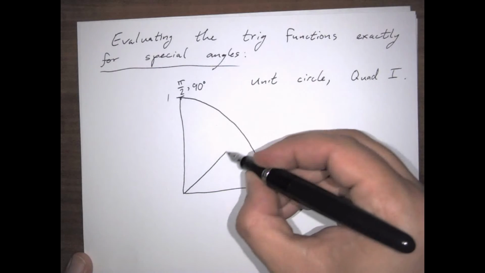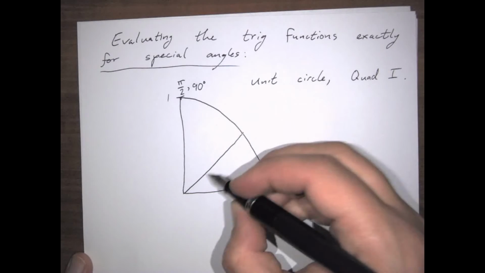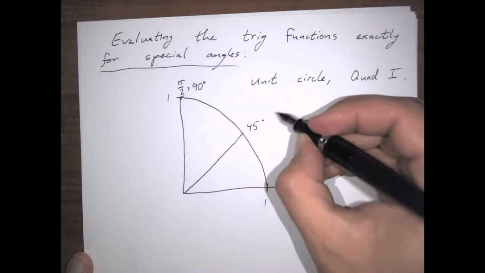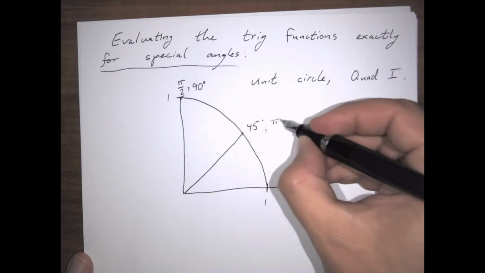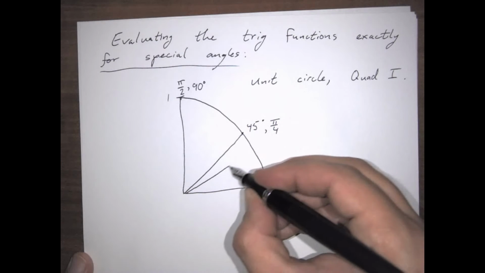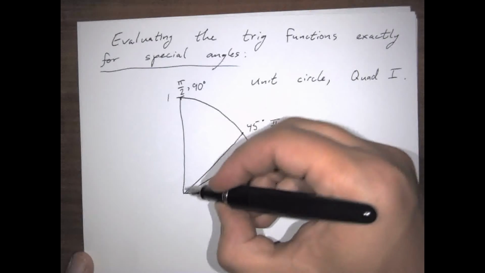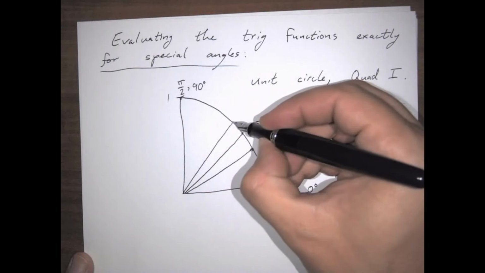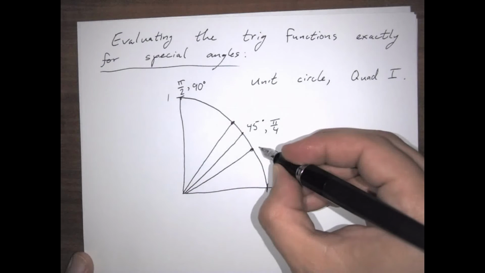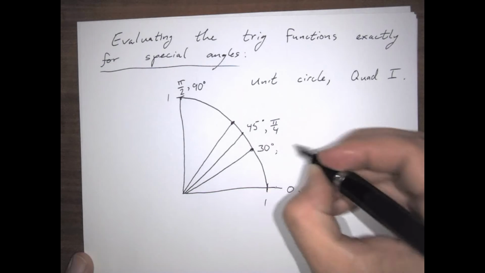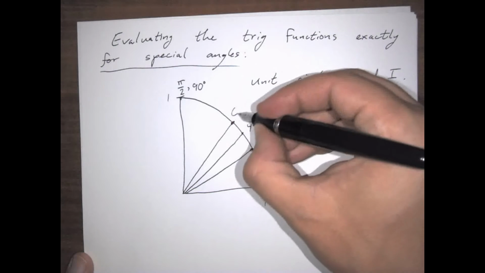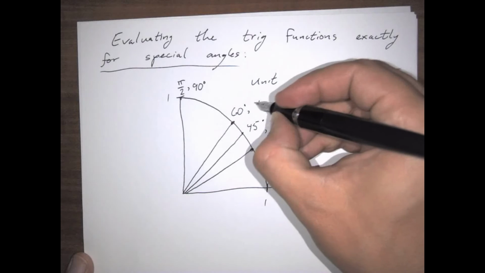We've got the halfway mark between them, which is 45 degrees, or pi over 4. And then we've got a couple other of the important angles here. 30 degrees, which is pi over 6, or 60 degrees, which is pi over 3.